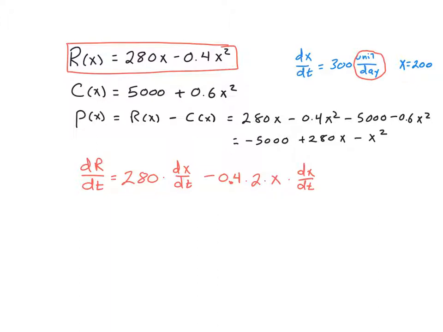All right, and now I can put in the values that I know. I know dx/dt is 300, and that appears in two places. And I know that x is 200.